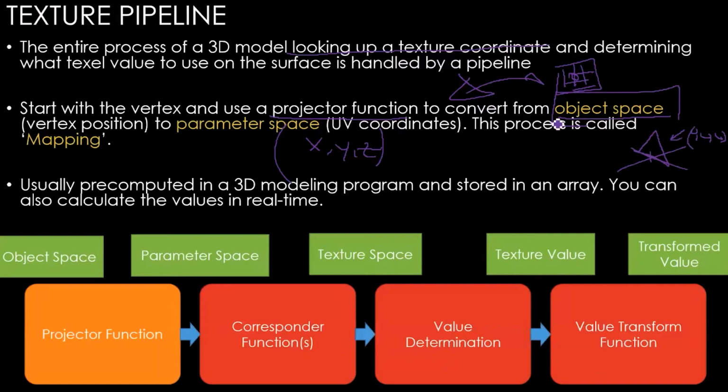So what we're doing is we're taking the object space coordinate, although it doesn't have to be object space, but that's usually how it's said, and you are mapping it to another coordinate system, which is usually called parameter space. That's your UV coordinate system. And that process is called mapping. Usually, all this is done pre-computed within a 3D program and you store it away.